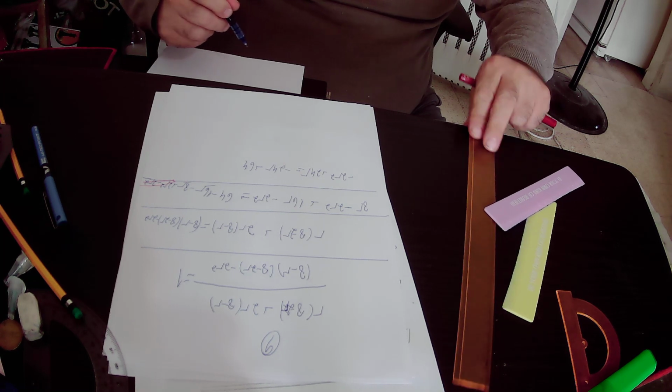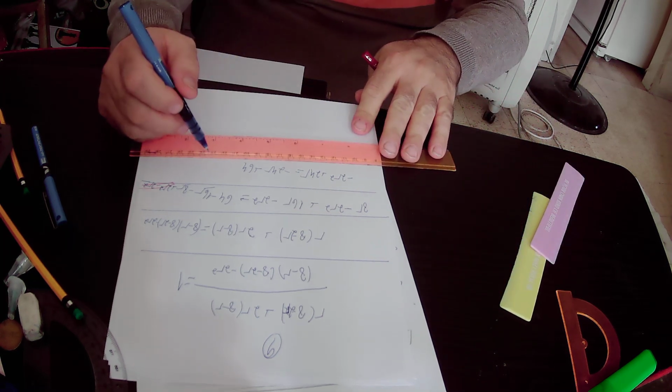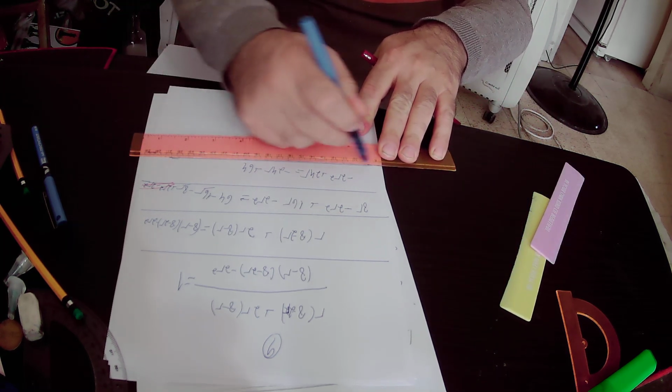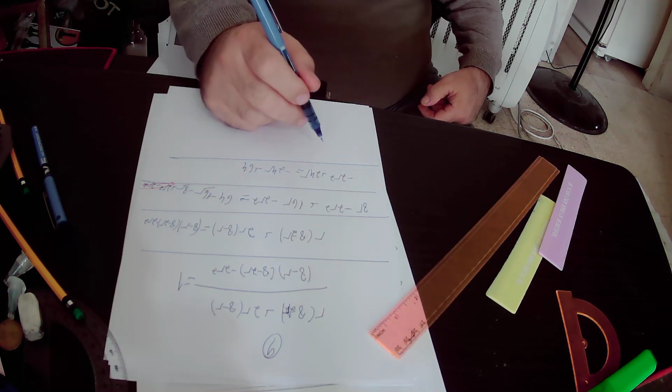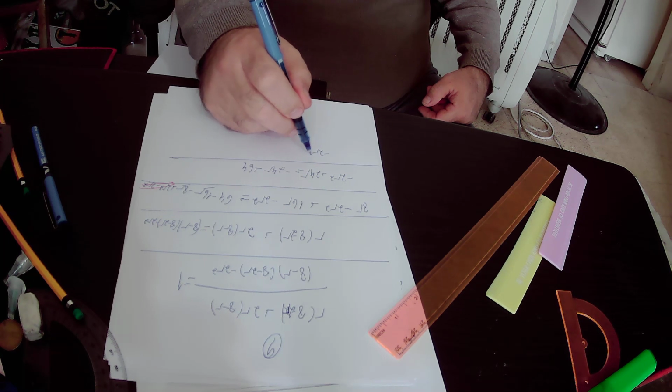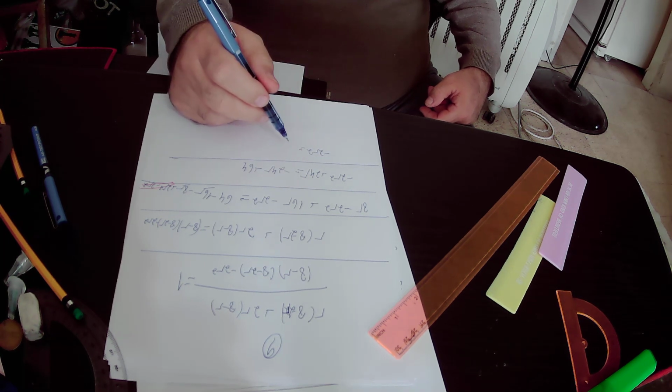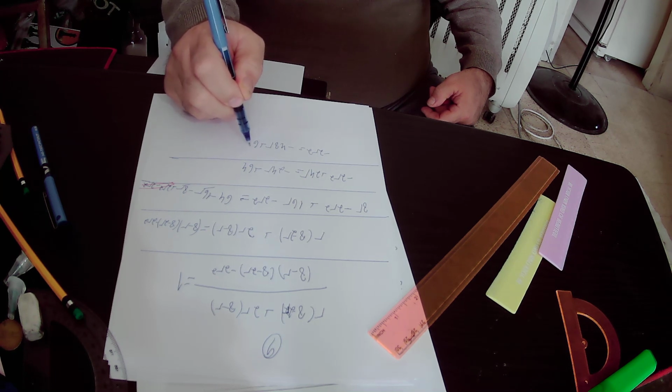So here we will subtract 24r from this equality, and we will get that minus 2r squared equals to minus 48r plus 64.